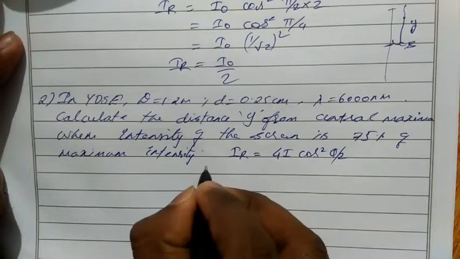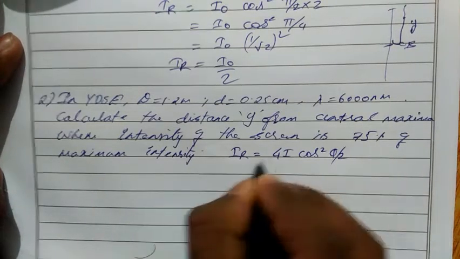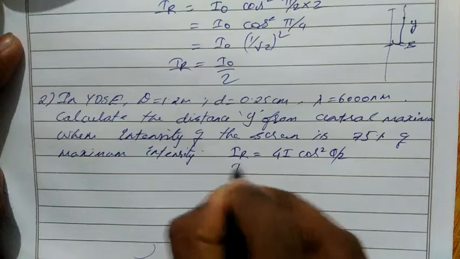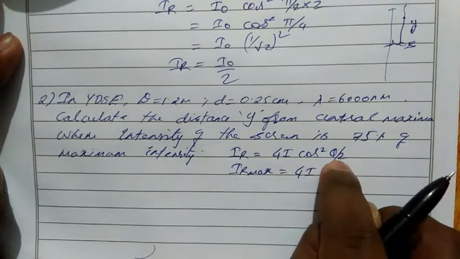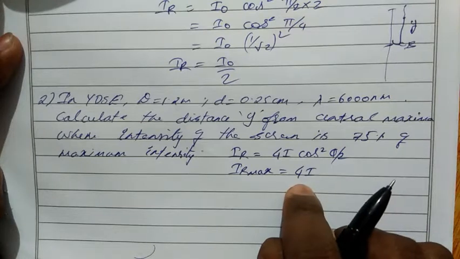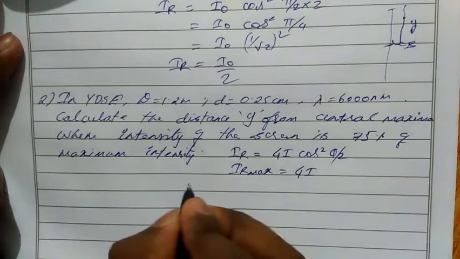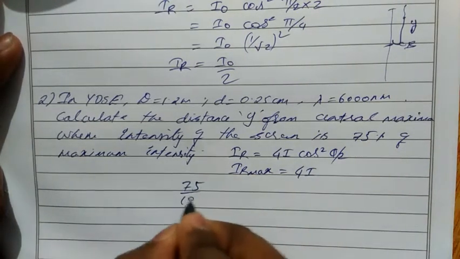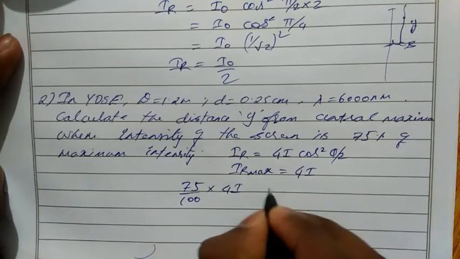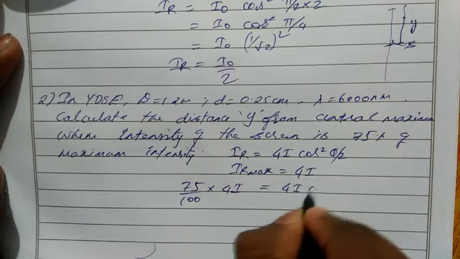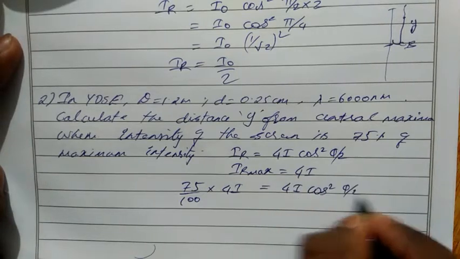So the maximum intensity value will be 4I, correct? IR max equal to 4I. If I substitute 0 here, then we have 4I. Then which is given 75%. So 75 by 100 of maximum intensity 4I is equal to 4I cos square phi by 2.